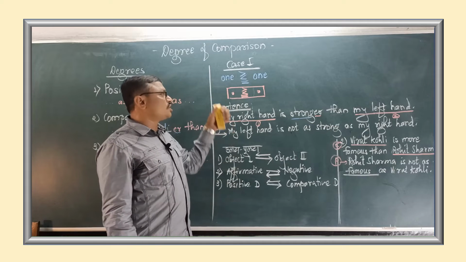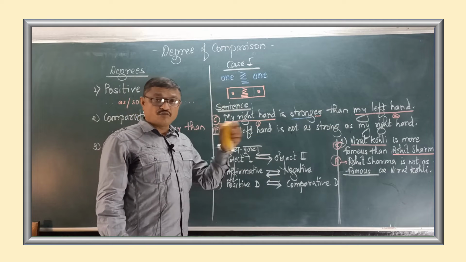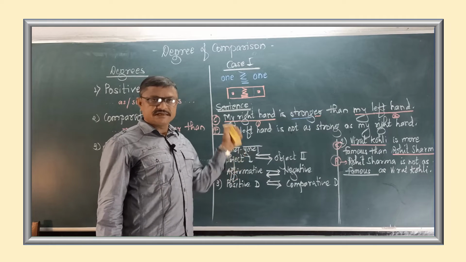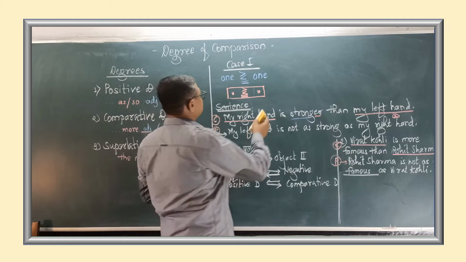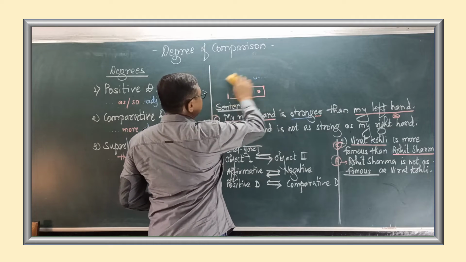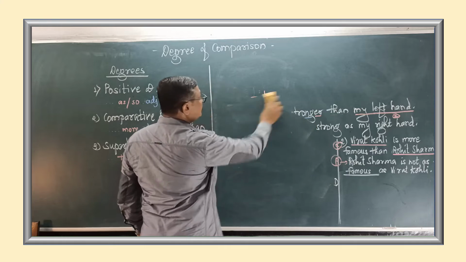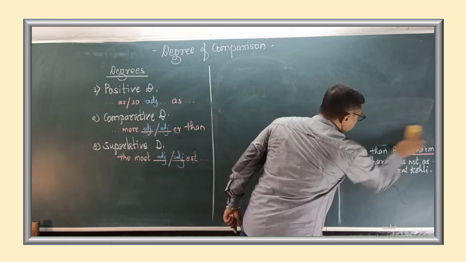Did you get how to solve case number 1, when one object is compared with one another? It's so easy. Now there are two other cases. For the next two cases, we'll see them together because a comparison between the two cases must be done.